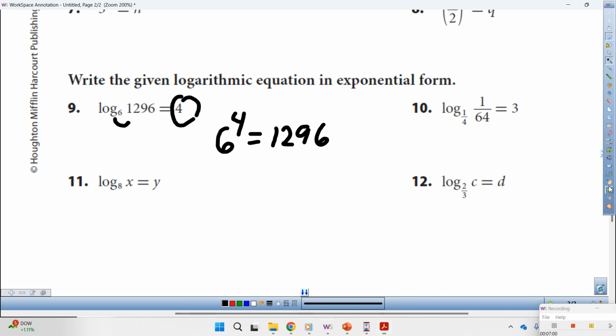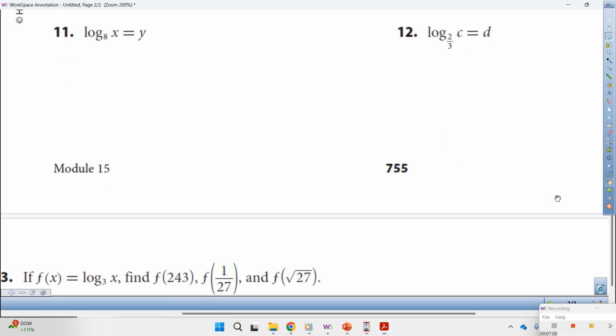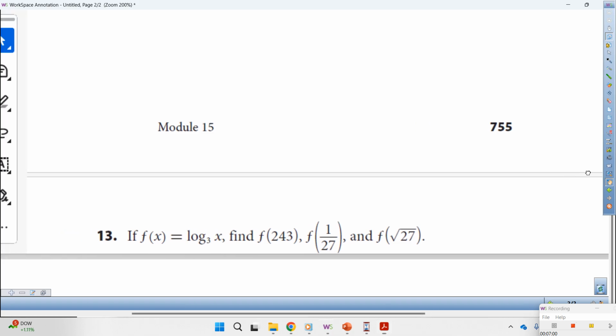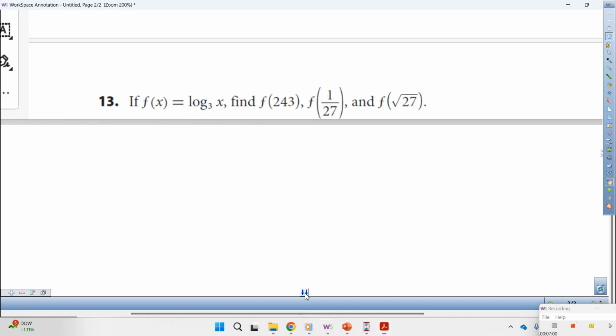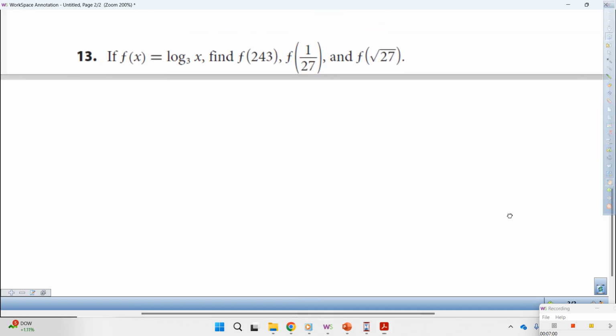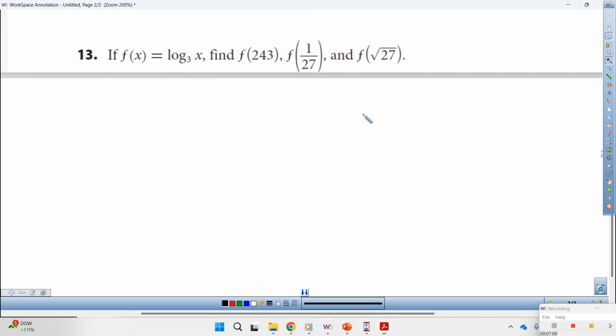And so on and so forth. You use this to start filling these in there.